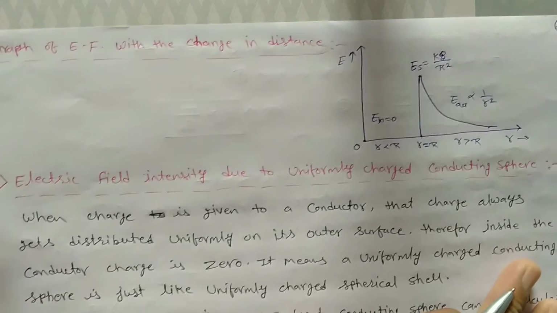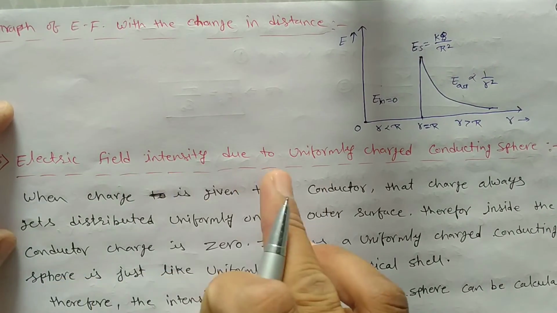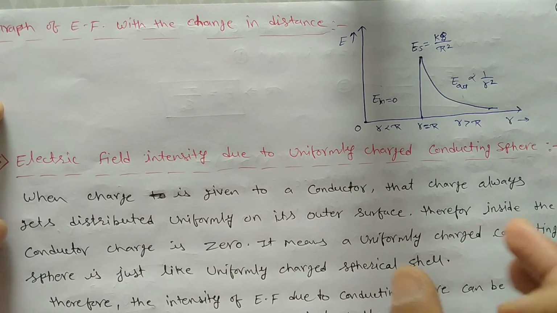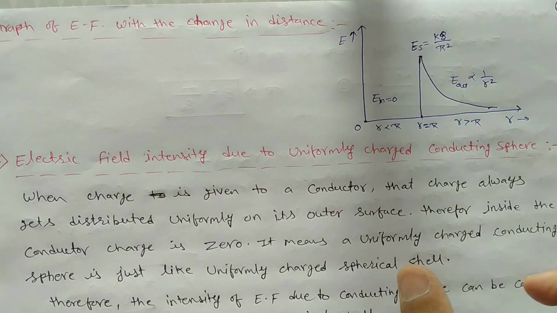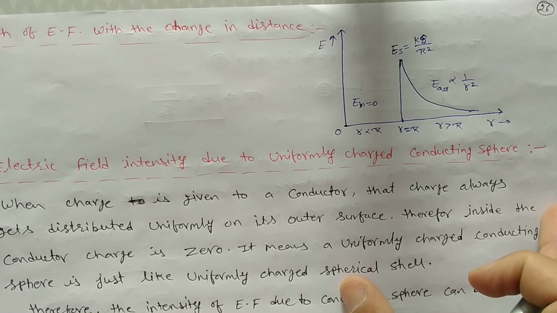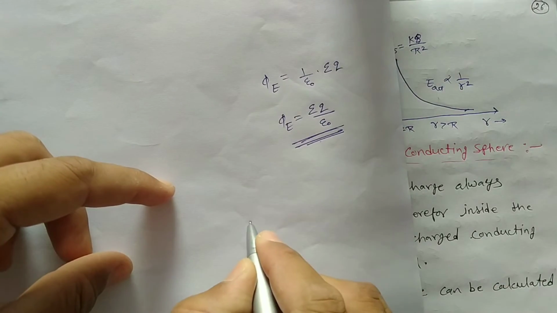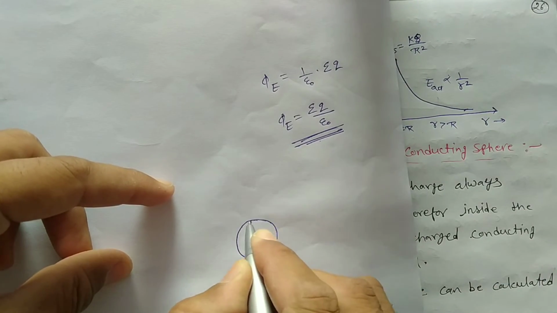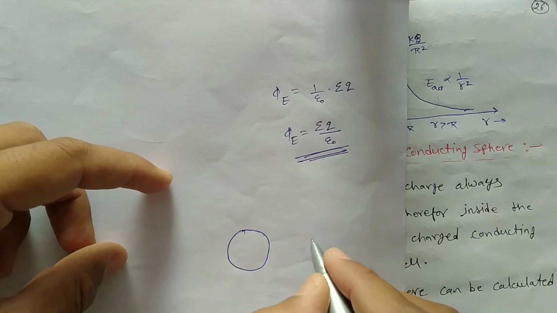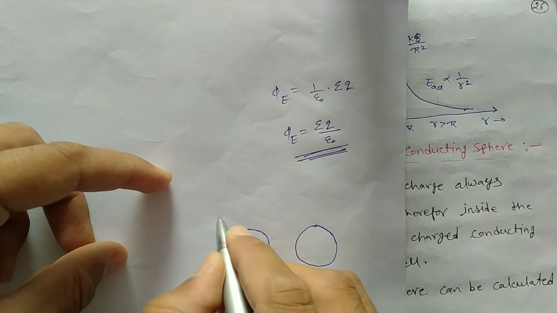Okay. Our next application is electric field intensity due to a uniformly charged conducting sphere. Now we take a conducting sphere, and yesterday we discussed this. We have a non-conducting sphere, we have a conducting sphere.